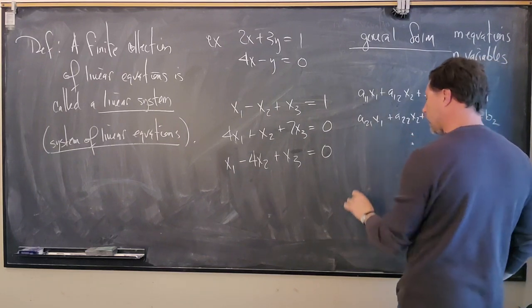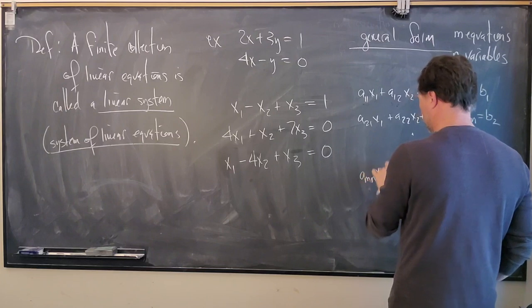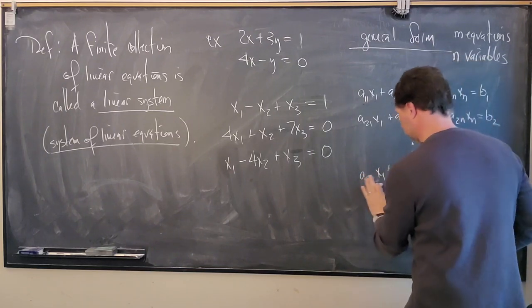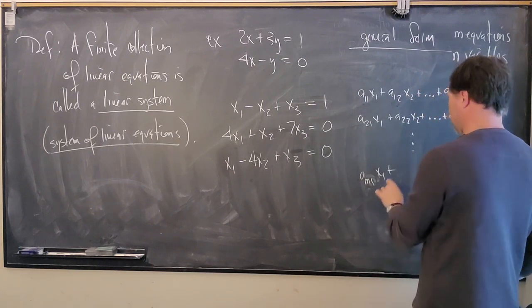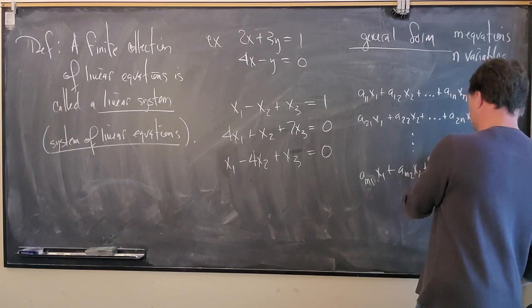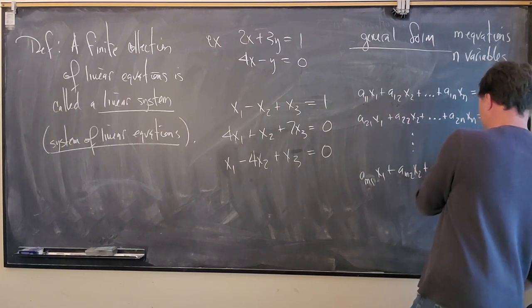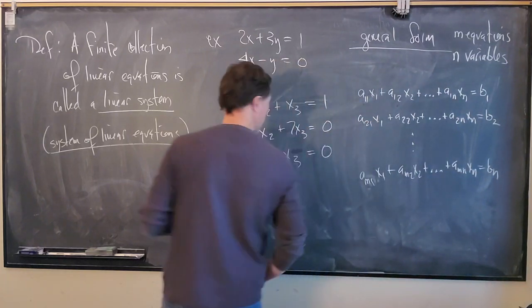And we can keep going until we get to the very last, the mth equation, am1 x1 plus am2 x2 plus dot dot dot plus amn xn equals bm.